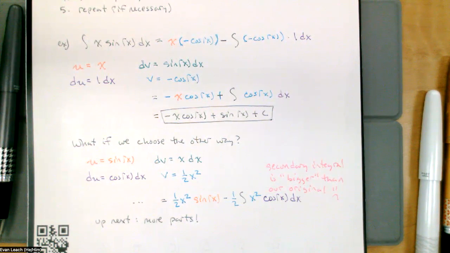But with these kinds of problems, the most important thing is don't be afraid to make a mistake. Don't be afraid to take the problem somewhere that it's not supposed to go. Does that make sense? You don't get to be afraid of making mistakes.